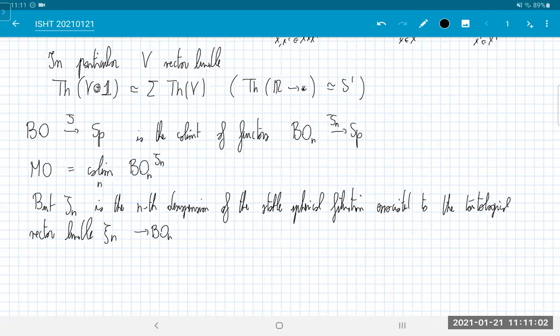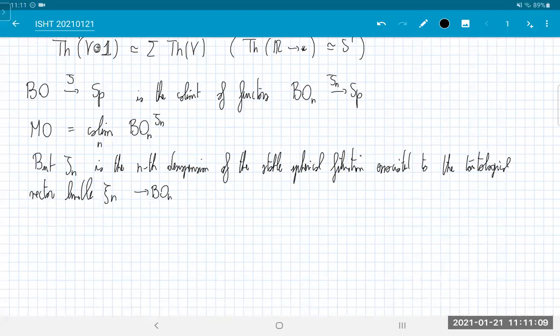That was just by definition. And therefore Jn, by the remark I just made, is just the nth desuspension of the suspension of the Thom space of psi n.